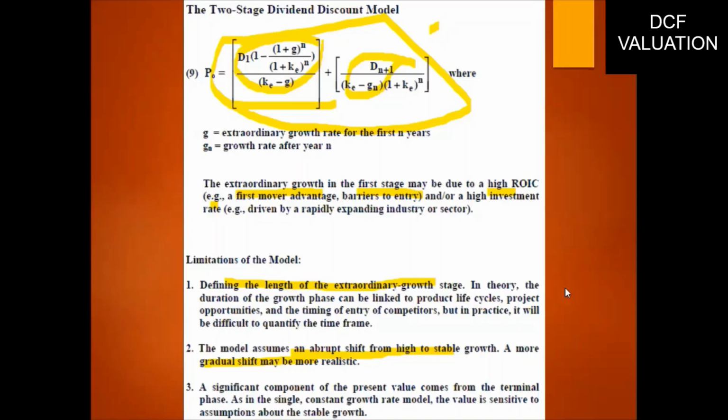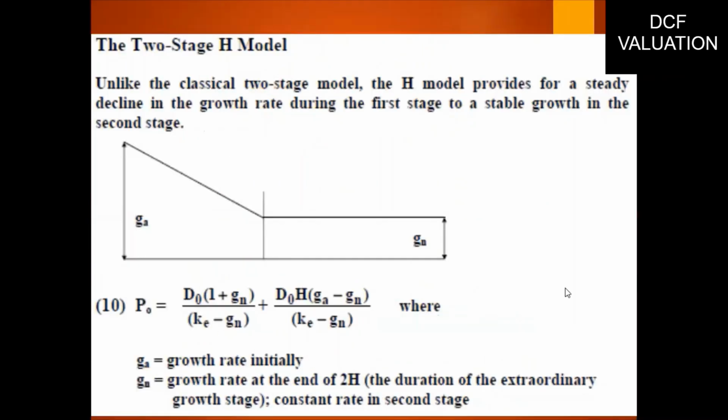So how do we address some of these limitations? Let's say for number 2, some use a two-stage H model. When we say we have an H model, here we assume a steady decline in the growth rate. So this is not 12%, then it falls down to 5%.